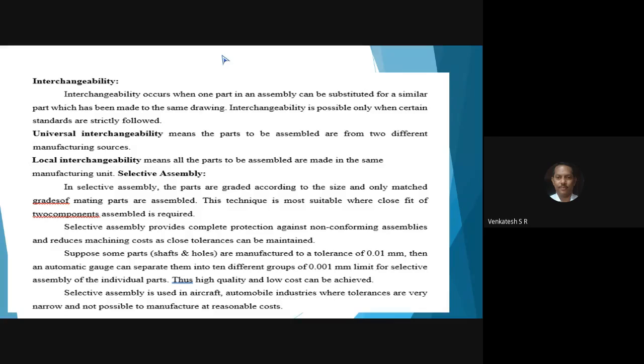If they follow the international standard dimension, then you can easily get the spark plug in Melbourne, Australia.